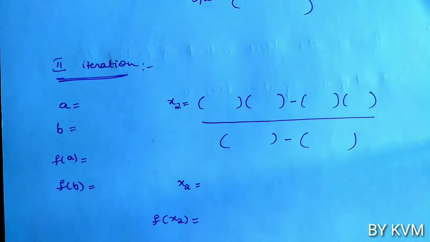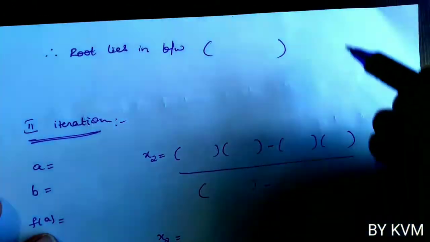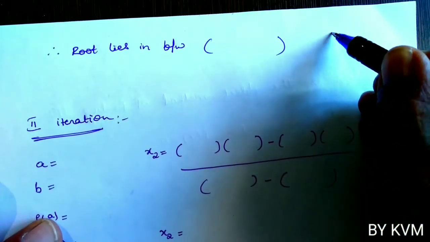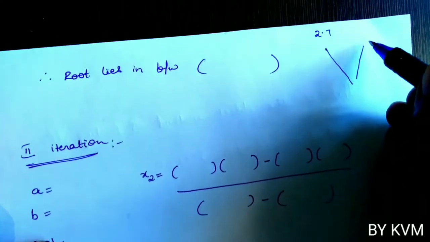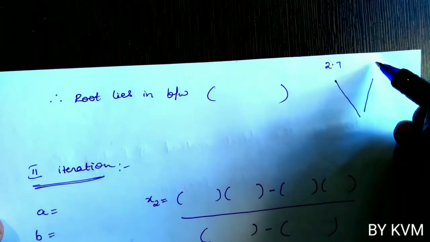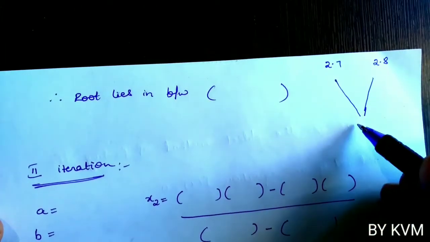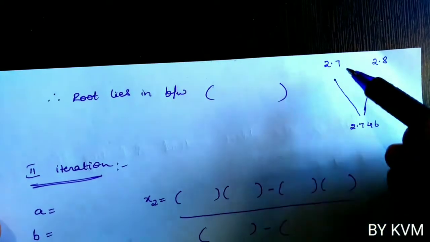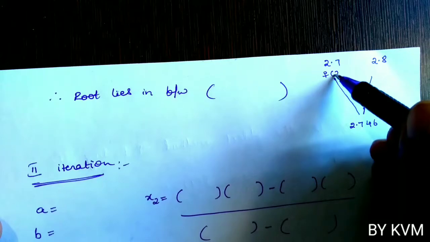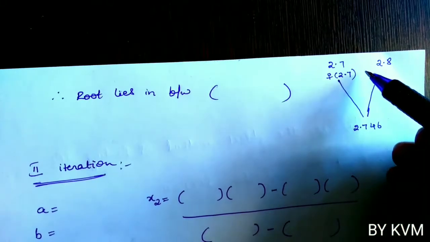Now, before the first iteration the root lies in between 2.7 and 2.8, but the new root, the x1 value, we got is 2.746. What is f of 2.7? It is less than 0.